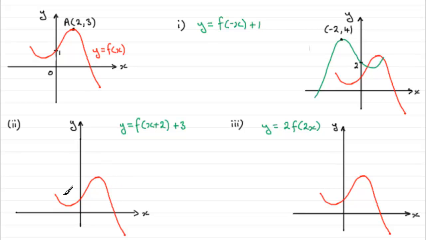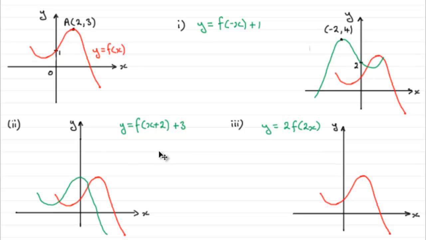So our graph here, let's just overlay it with this graph here. What's going to happen is it's going to translate 2 units to the left. So this point here, A at 2, 3, now gets shifted across, and it peaks now on the y-axis.